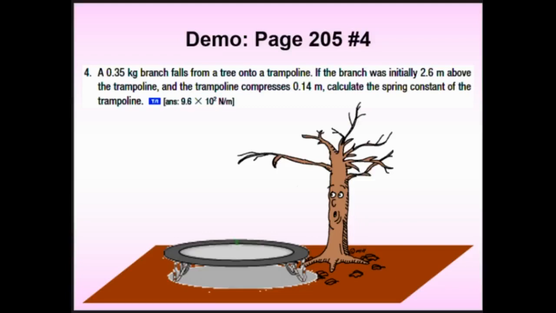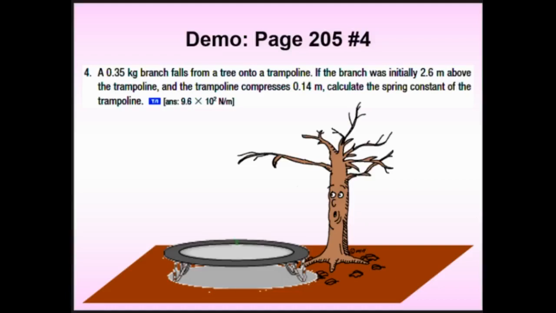Most commonly, the ground. If you set the ground to be the reference elevation, that means the branch at any moment will always have what kind of EG? Positive, because it's always above. Okay. What if you set the initial height of the branch to be the reference height? Then the branch is always going to have what kind of energy? Negative after it starts falling, because once it starts falling, what's EG?